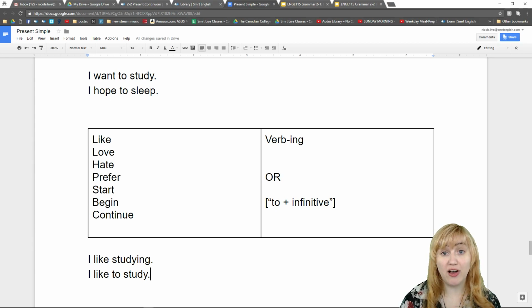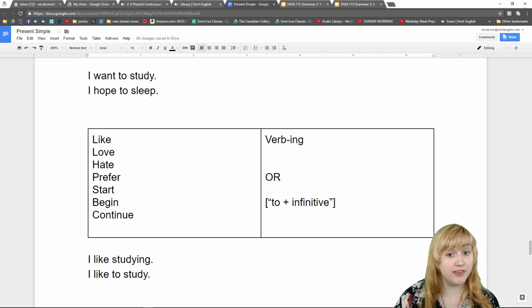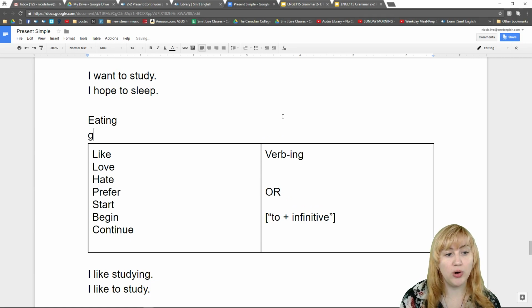And there's a reason we call it the base verb. It's because we build other verbs off of the base verb. Like when we say verb ing, for example, it's actually infinitive plus ing. So that's why we say eating or going.